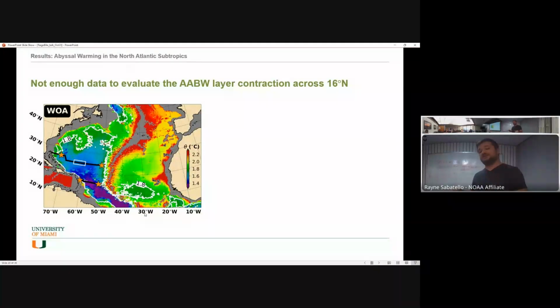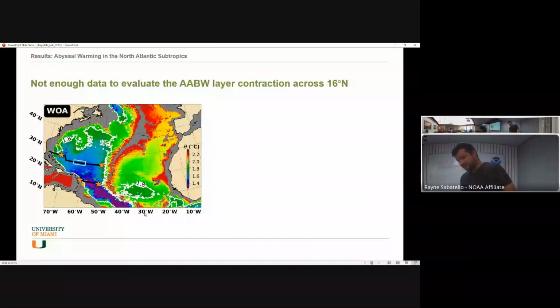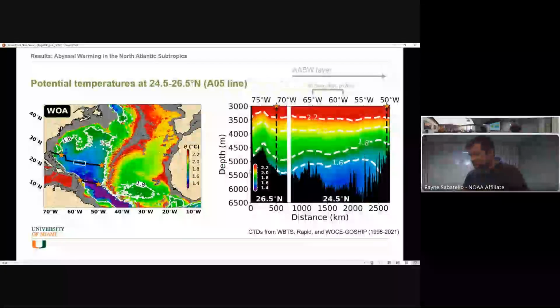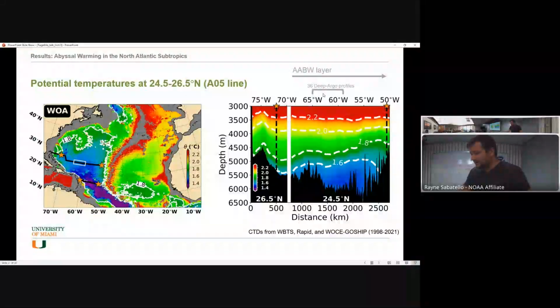So we had to move northward, all right? And that's where the data at 24, 26 north comes into play here. So that's the same potential temperature plot, but now for the northern transect, all right? Here is the section where we have 36 deep Argo floats that we also use.